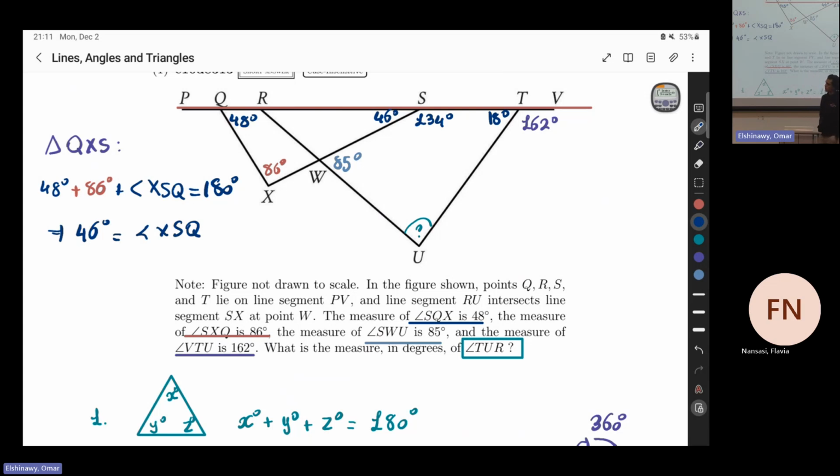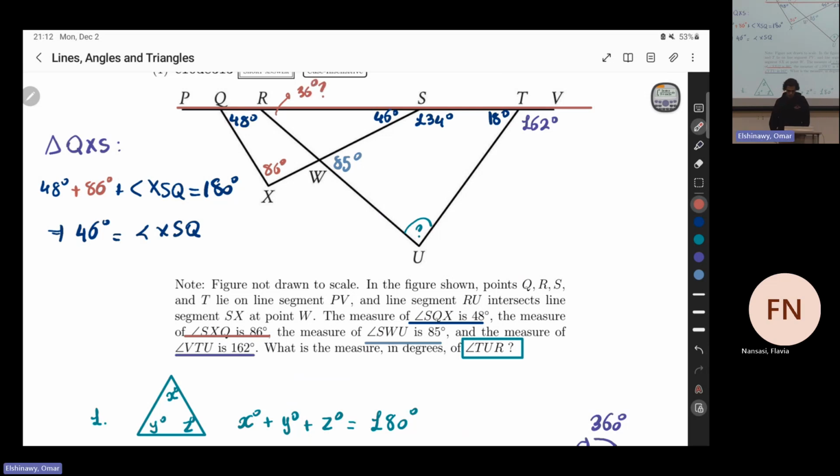We're gonna also take it out from 180, which is gonna give the angle SRW as 36. So this is a strong claim. You're saying SRW will be 36.